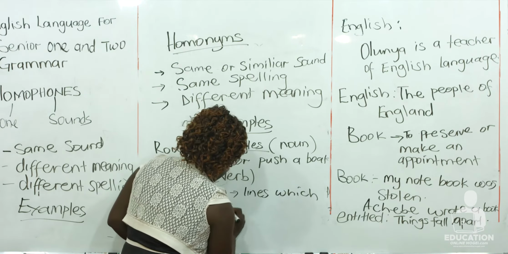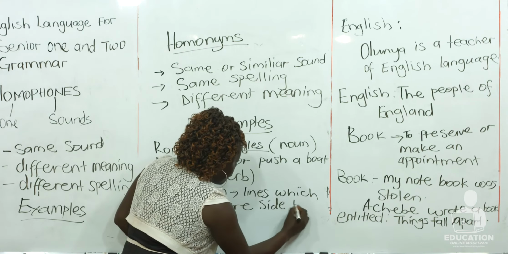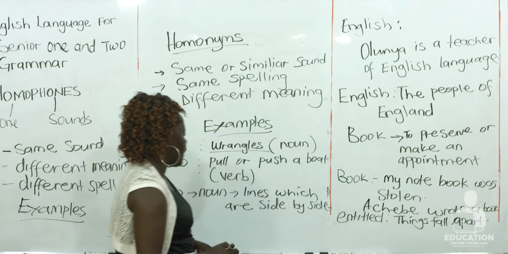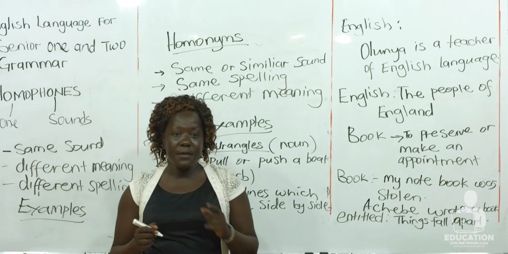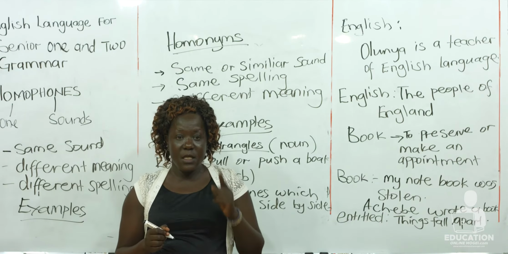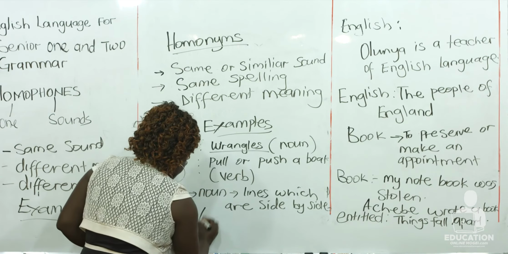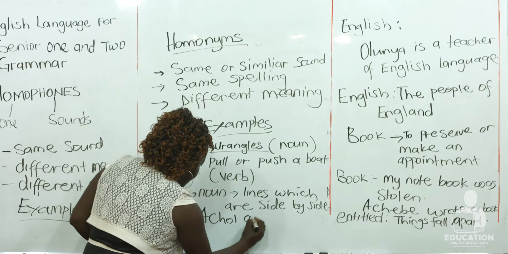Which are side by side. For example, you can say, Achol and Deng sit in the same row when they're in class.